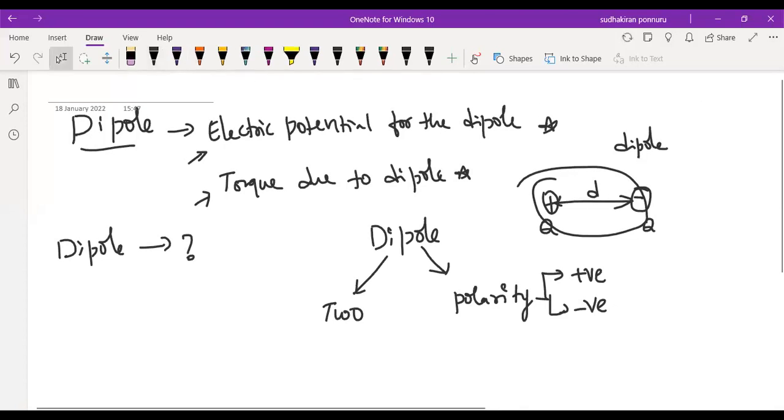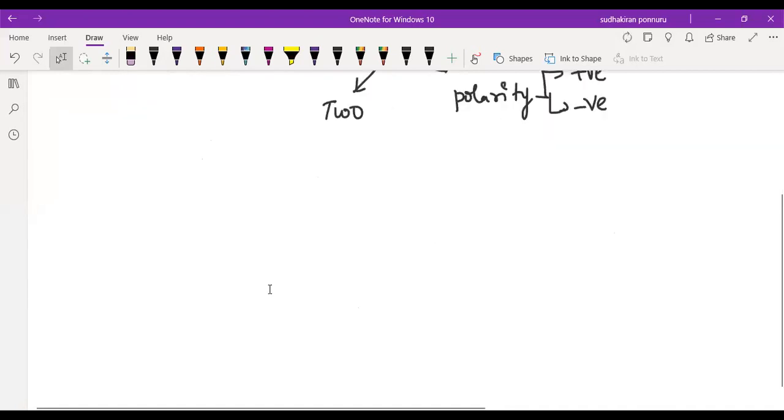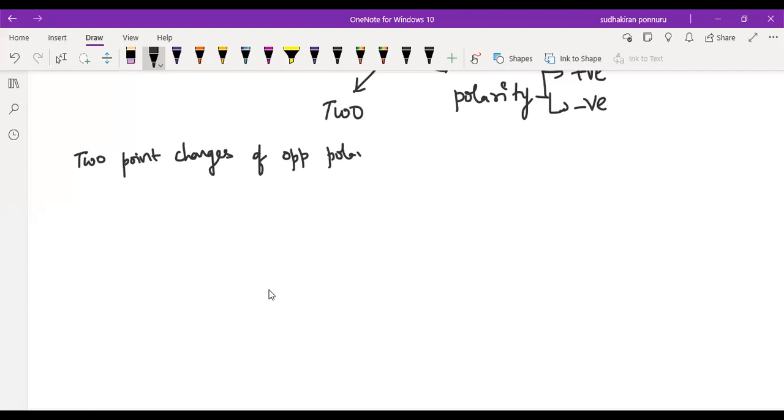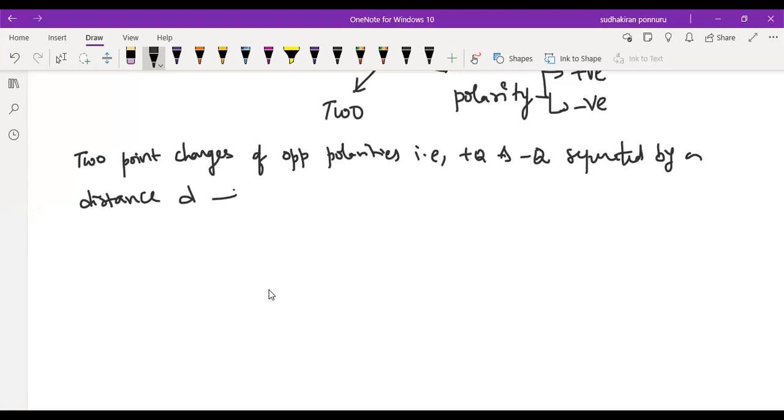Simply to say, dipole means two point charges of opposite polarities, that is plus Q and minus Q, separated by a distance d, forming a dipole.